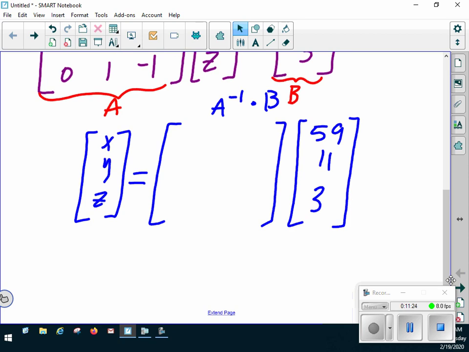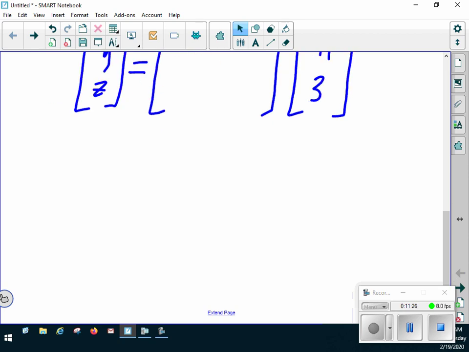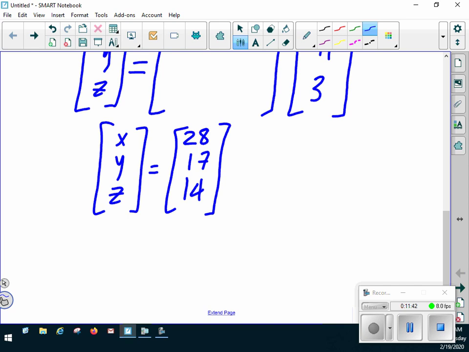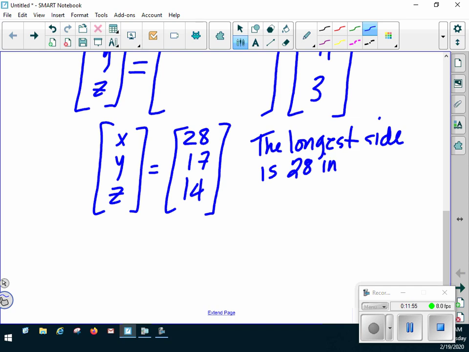So you're going to go down here and you're going to write x, y, z equals, what did we say, 28? That's right. So you're going to write the longest side is, and don't just say 28. When you're given the unit, go ahead and use it.